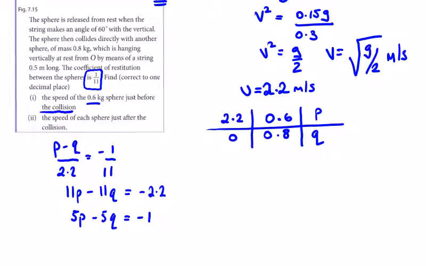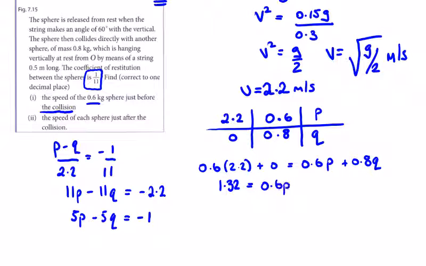So my other equation, 0.6 by 2.2 plus 0.8 times 0, so I'll just write 0, is equal to 0.6p plus 0.8q. So 0.6 by 2.2 is 1.32, so 1.32 is equal to 0.6p plus 0.8q. Now none of them go up to 5, so what am I going to have to do here? Let me see.